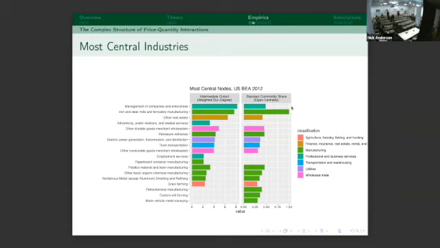That's a very interesting question, and I thought about it a lot. Essentially, the one on the left is the intermediate output, the column sum of the input-output table of all those coefficients.